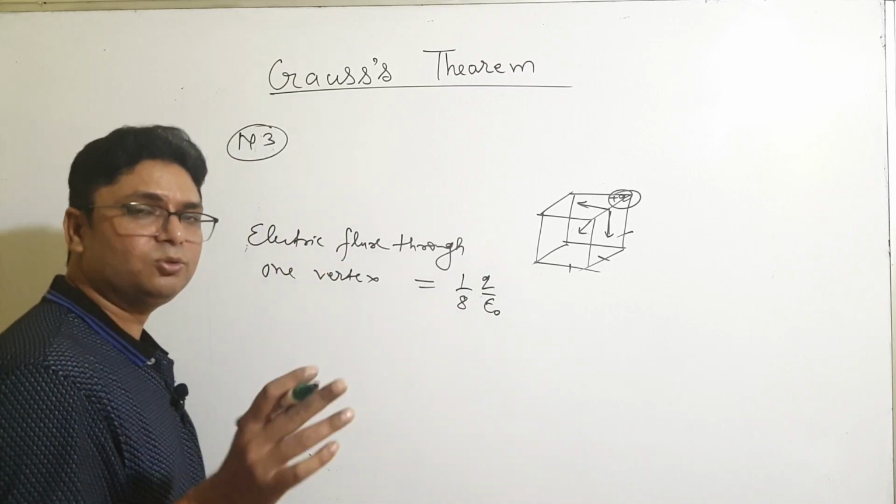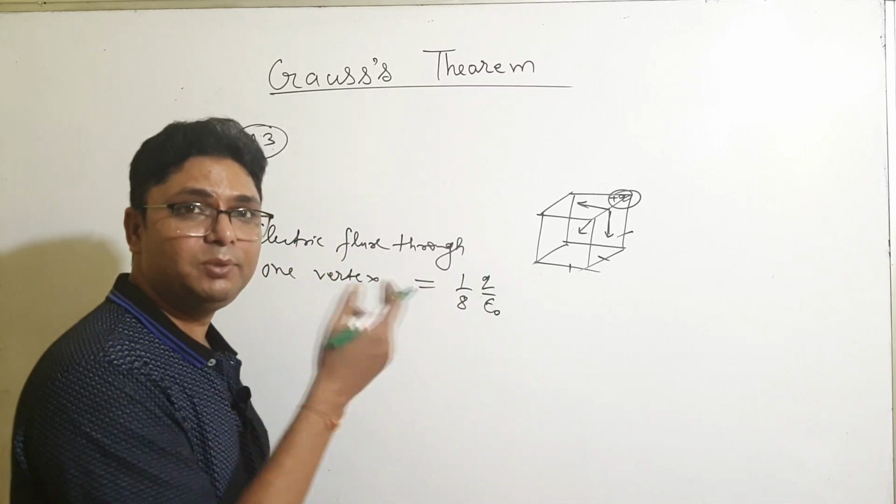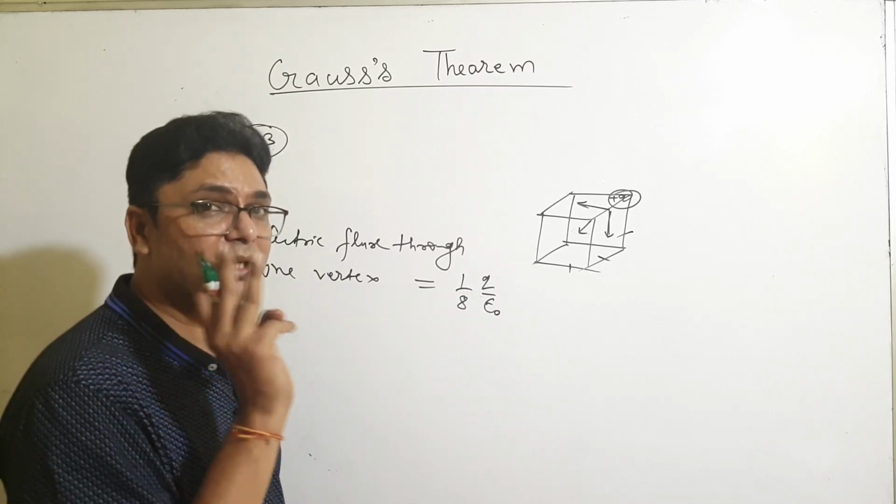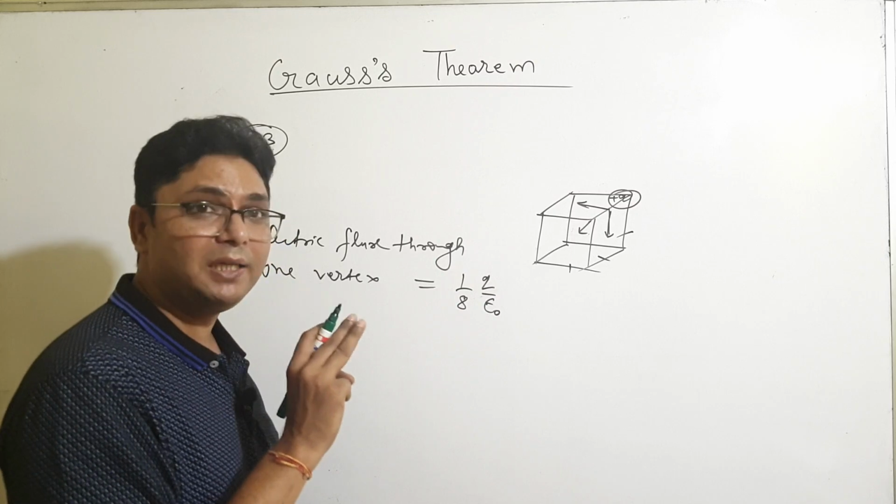Now electric flux through one face. How many faces are active where the electric field will pass normally? Only 3 faces, because through 3 faces the electric field will pass parallel.